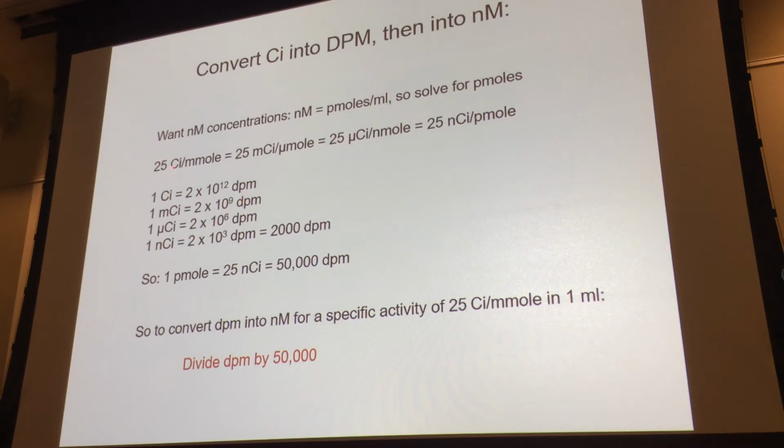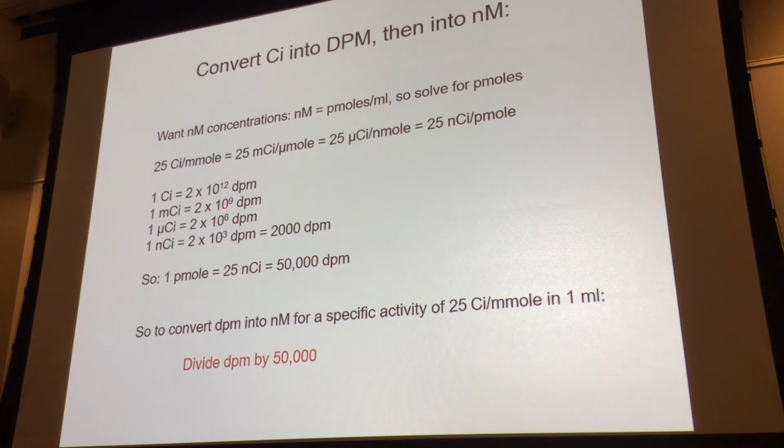So 25 curies per millimole is 25 millicuries per micromole, 25 microcuries per nanomole, or 25 nanocuries per picomole. So this is the range we want to look at. So the question is, how many DPMs are in a nanocurie? Because if we can solve for nanocuries, we can get a picomole out of that.